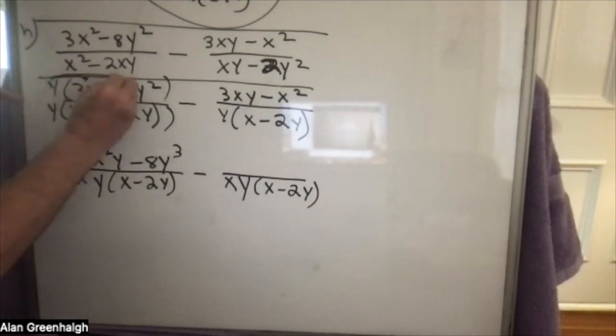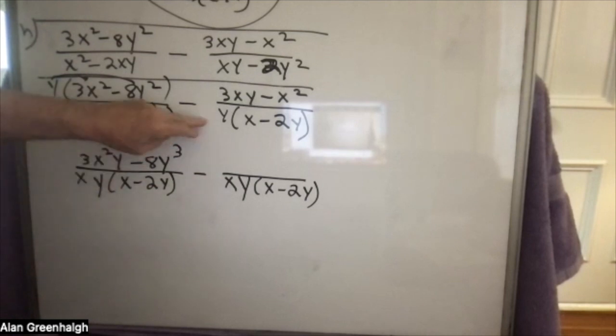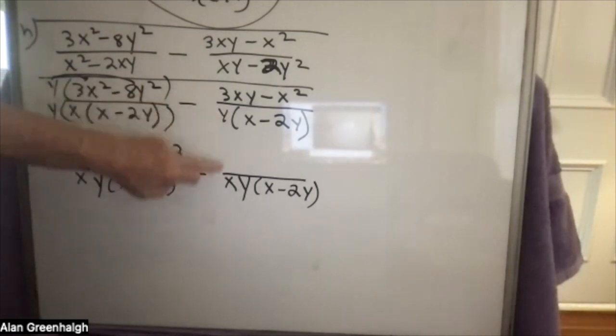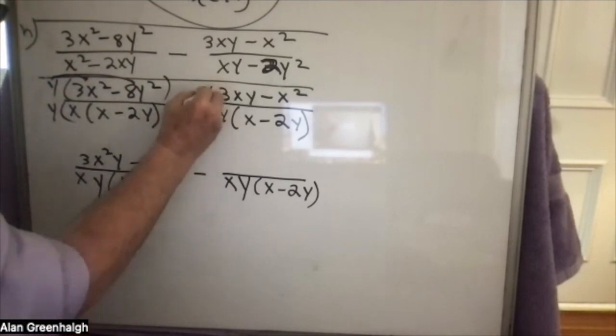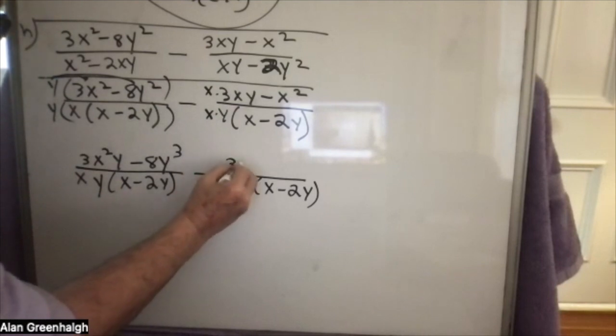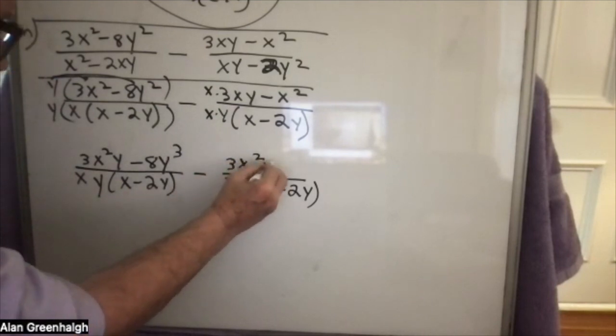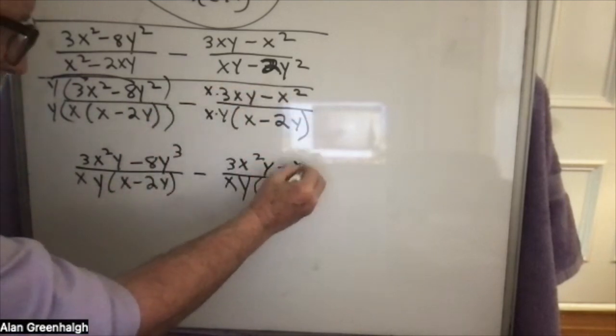And then 8y to the third. Okay. Now, what's missing from here going down there? The x. So keep that negative. This becomes 3x squared y and then minus x to the third.